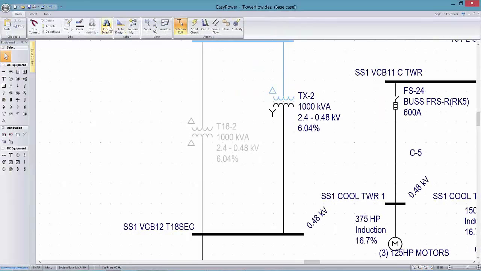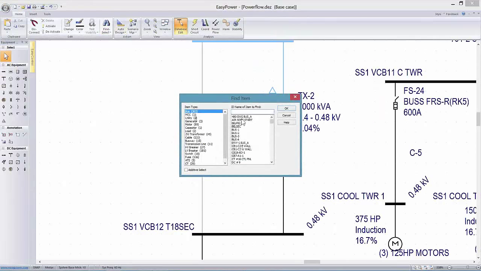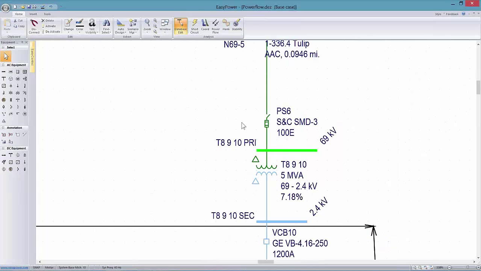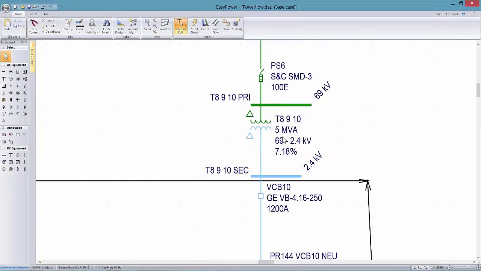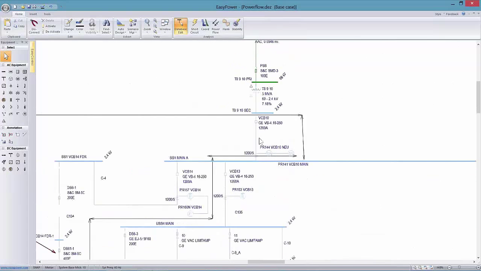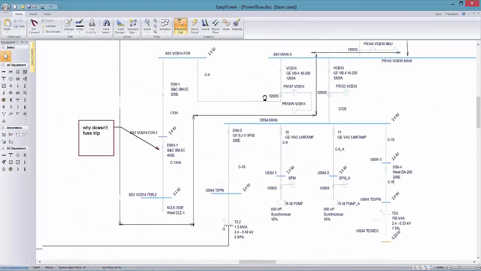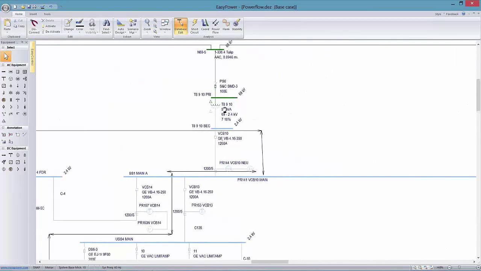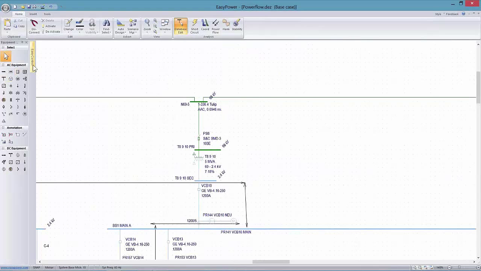So if we go look for that, bus T8, 10 primary, more than likely this is going to be somewhere in the vicinity of the transformer that we just replaced, and that's why the tool's giving us an error.